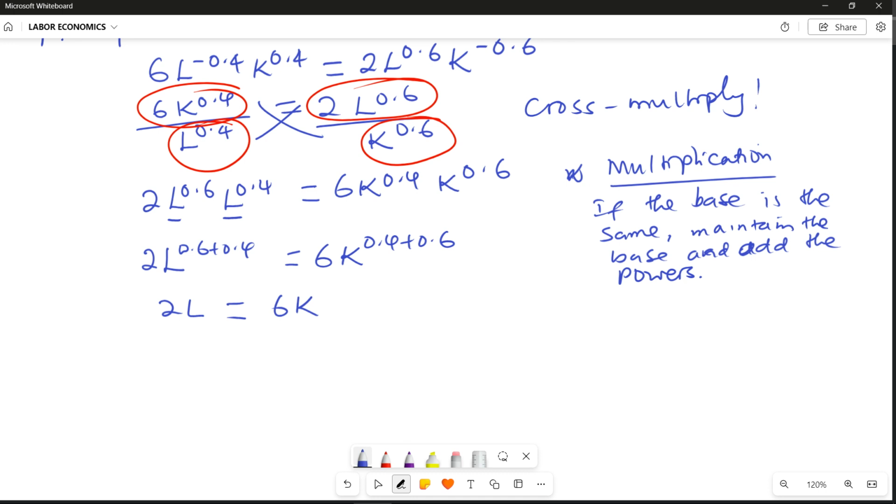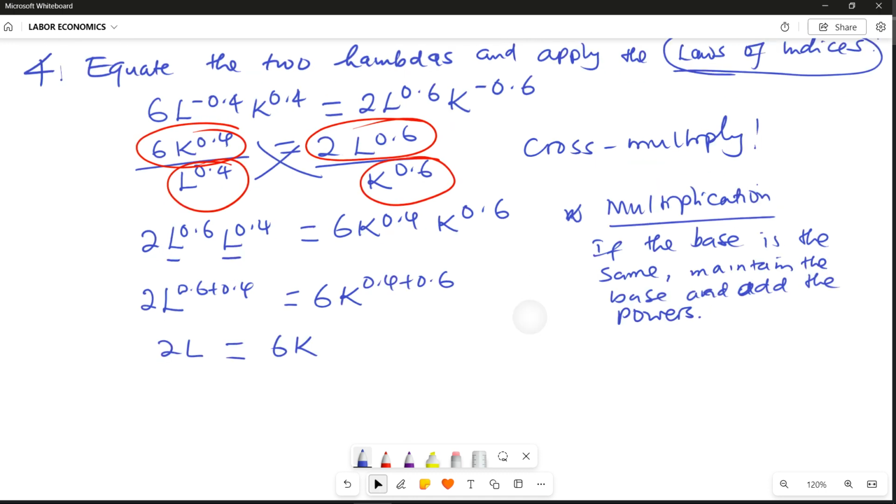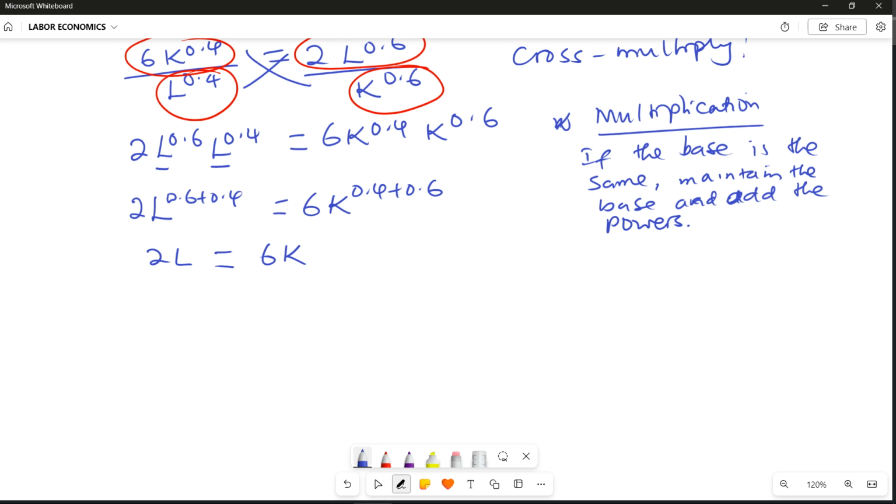Okay, then from here, let me just write it as a hint: make either L or capital the subject. The choice is yours. Let's make labor the subject of the formula. How can we make labor the subject?